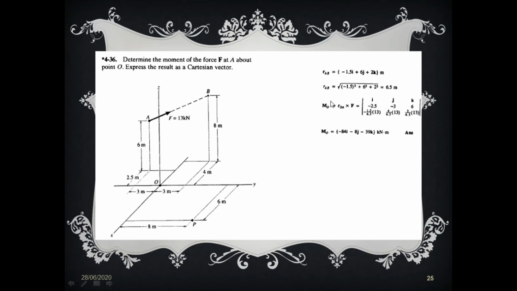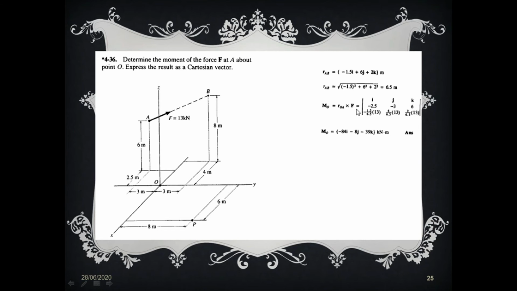Now again I give you the same freedom. You can either simplify this determinant, or you use your scientific calculator, insert the values for ROA, and first multiply and divide to get the force values, and then simplify this determinant.